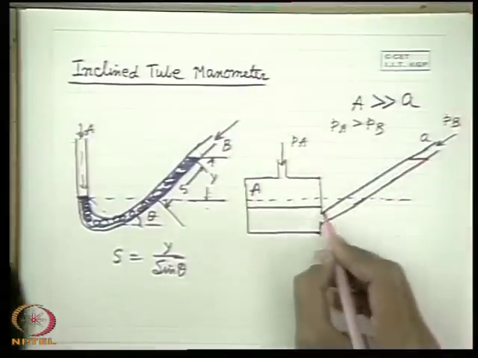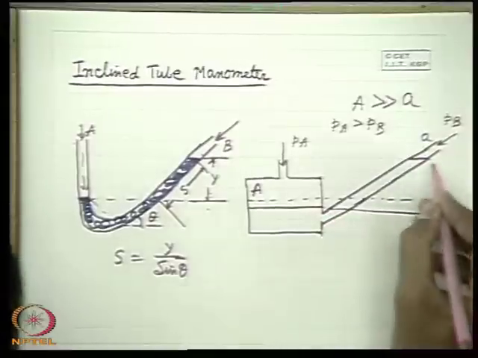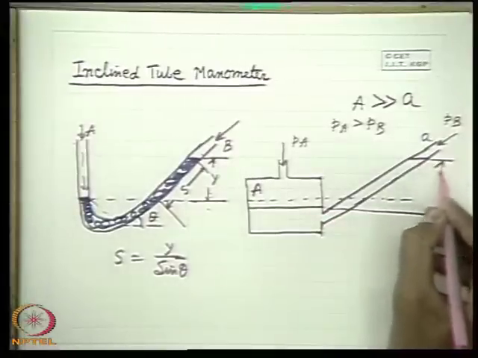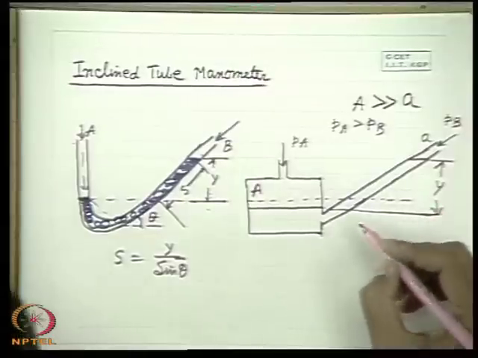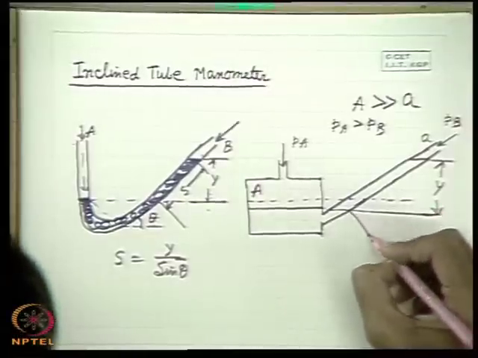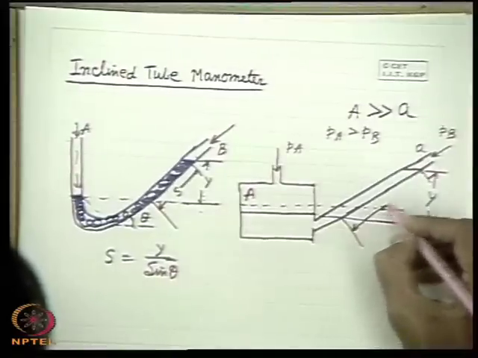Now we will have to find out this deflection. If you write the manometric equation, you will see we require this deflection y to be measured. That means we have to measure this S.